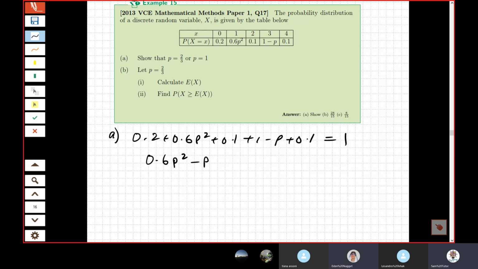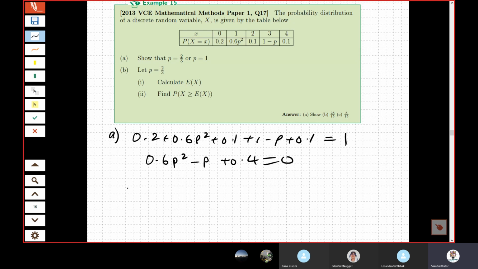Quadratic. So plug that into your calculator. 0.6p squared minus p plus 0.4 equals 0.